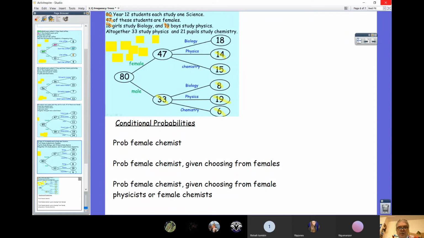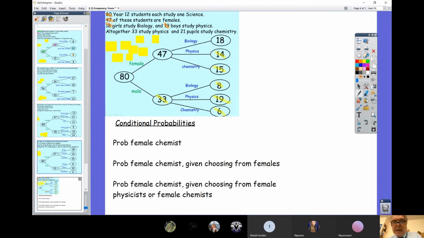Okay? So what we're saying here is we are going to choose one student at random from that information above, and we've got to work out the probability that if we choose a student at random, we get a female chemist. So question number 1, copy down the question, because this isn't on your worksheet.